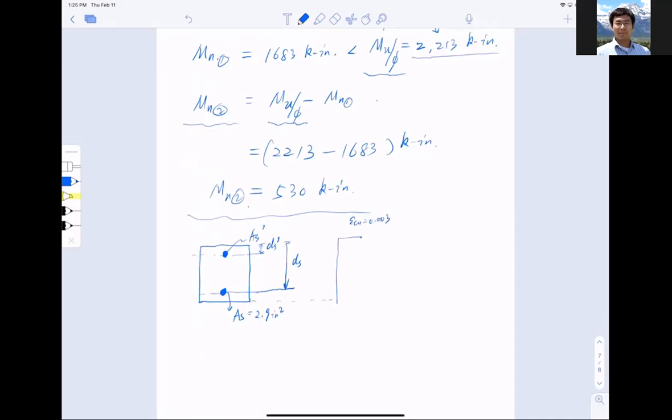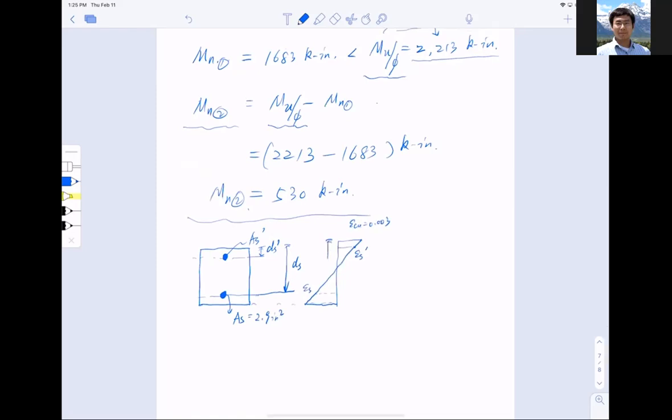Then I draw a straight inclined line to reach here, and this is epsilon s and this is epsilon s prime. Don't forget I have an actual compressive zone c here, not effective. Just to be very clear, c should equal a, which is effective, divided by beta 1.